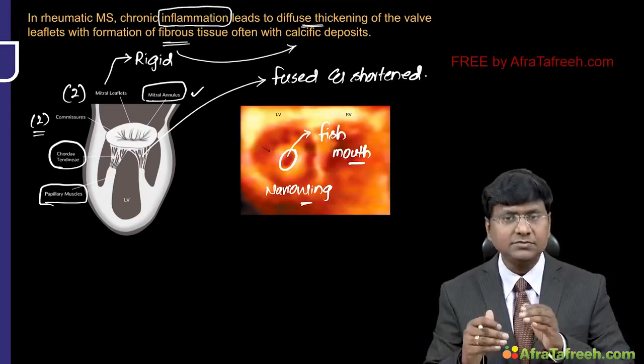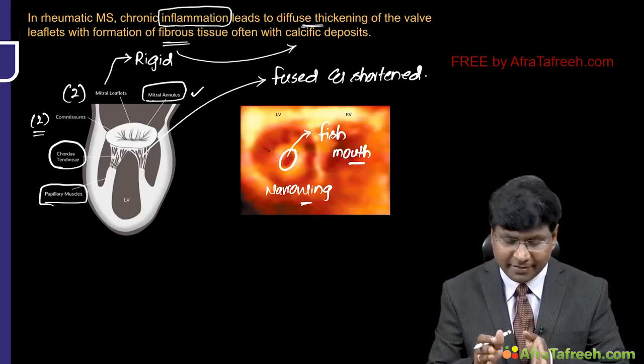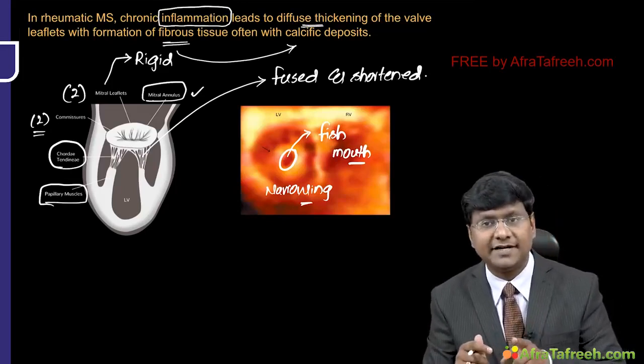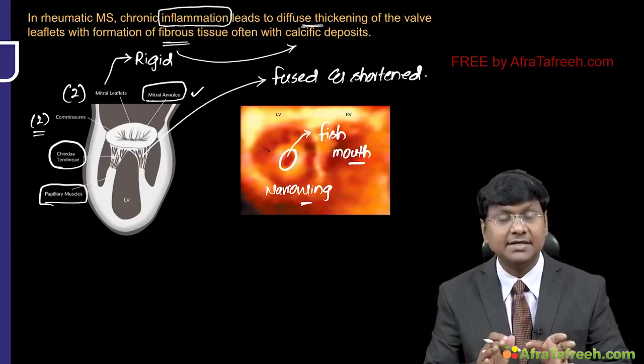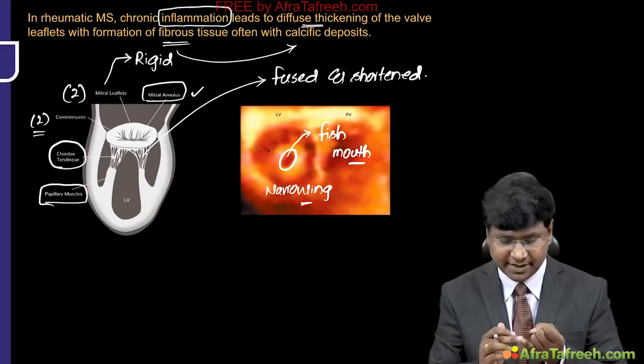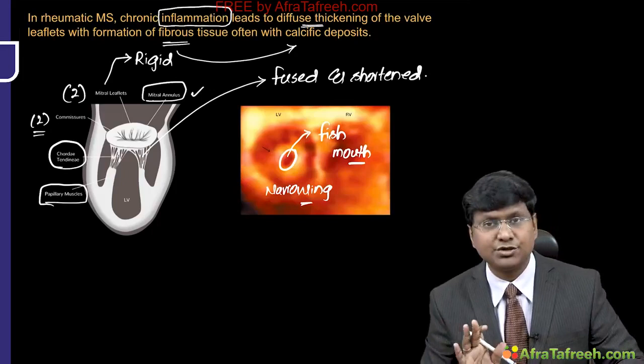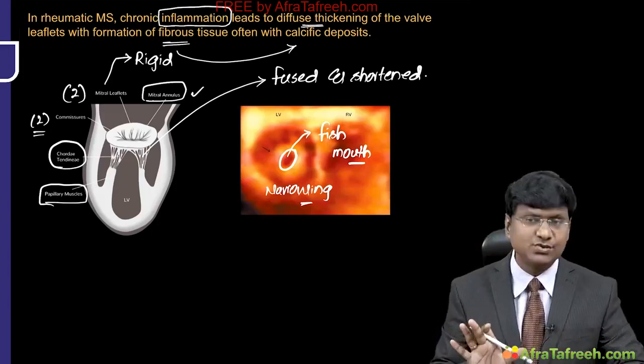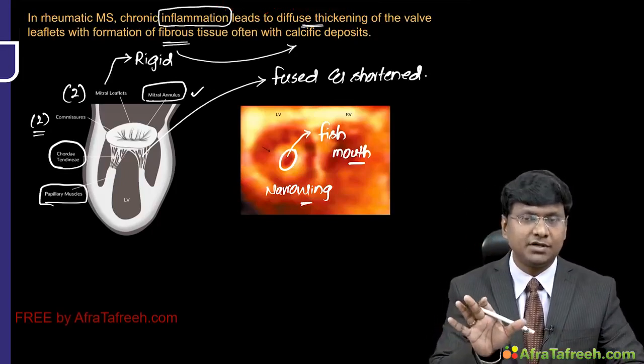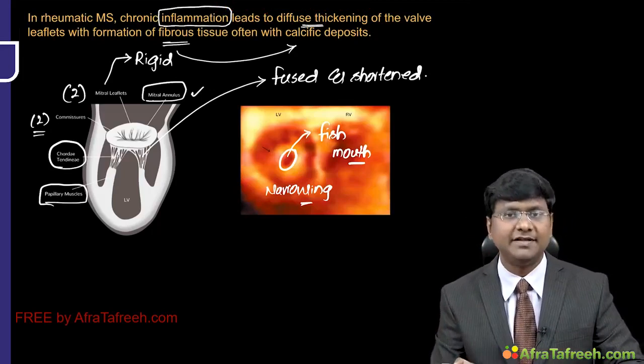So initially, what is the initial insult in the mitral valve leaflets? That is rheumatic. Later changes may be inflammation, fibrosis, and then calcification of the valves. So this will be the effect of rheumatic fever on the mitral valve leaflets.